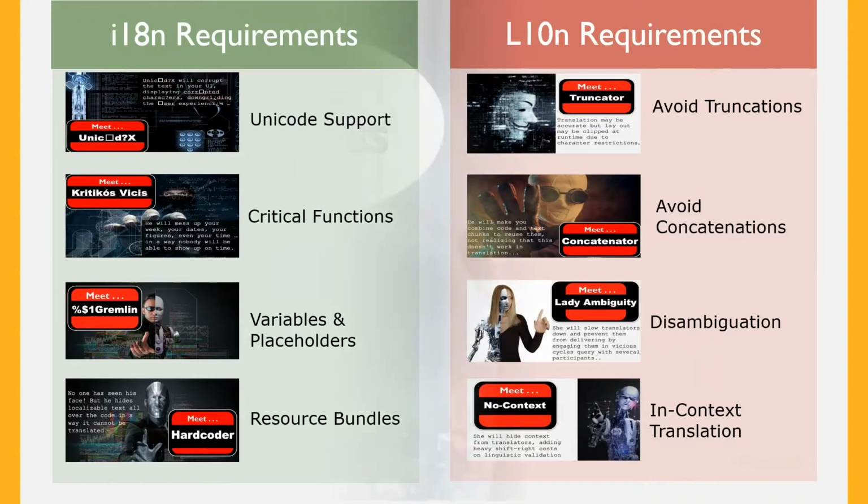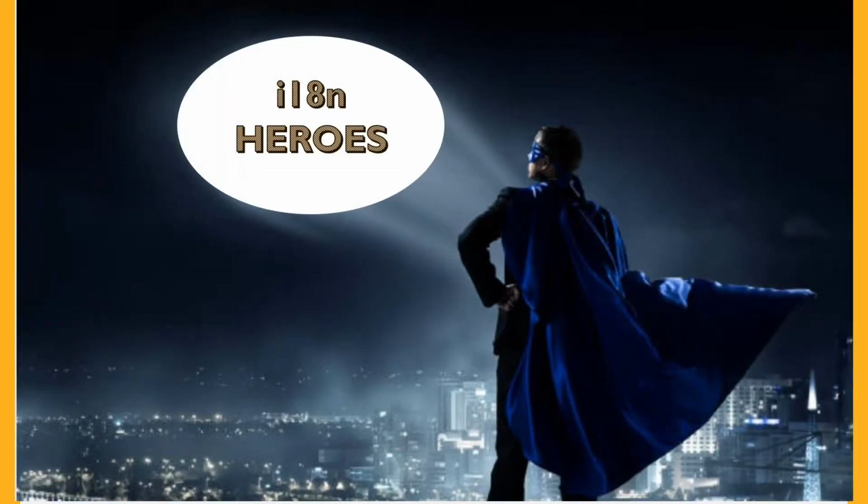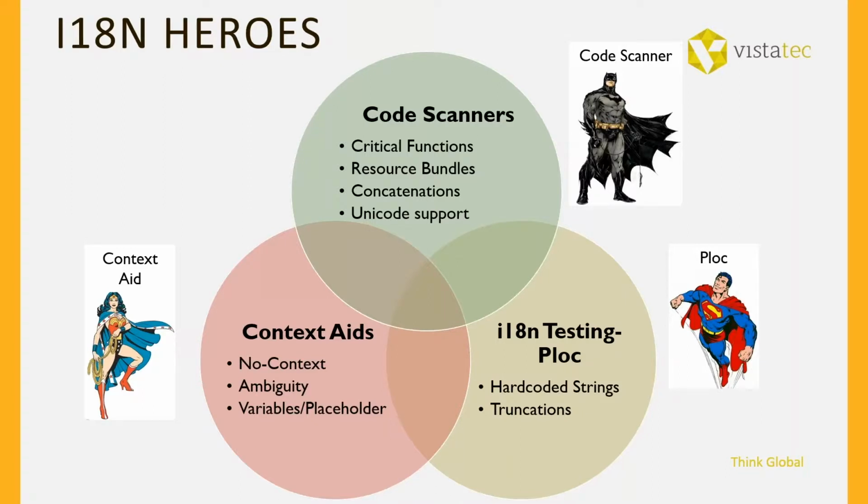So how can we solve these issues? How can we fight against all these villains that we discussed in the previous webinar? The answer is we do have heroes, we have internationalization heroes, and we also introduced them in the previous webinar. You can go to the next slide, Maria, please. Great.